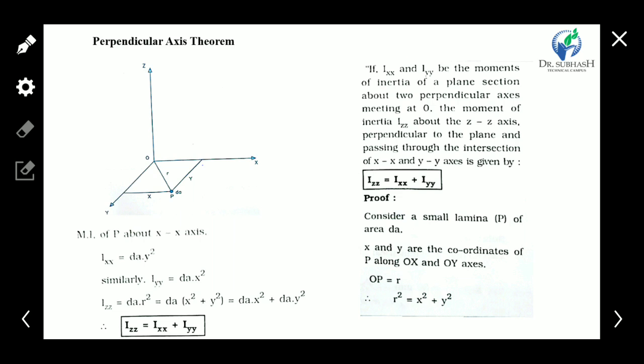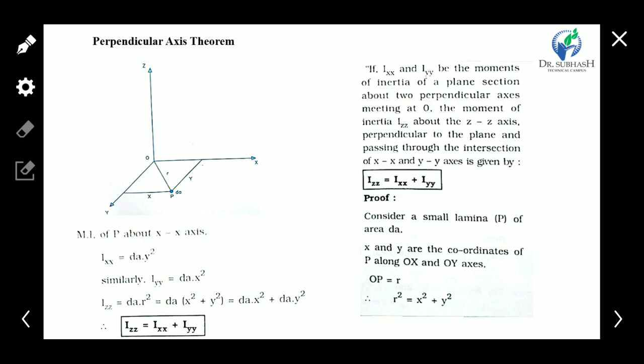Now the moment of inertia about the y axis for the lamina: the area is dA and the distance about the y axis is x, so dA into x square.